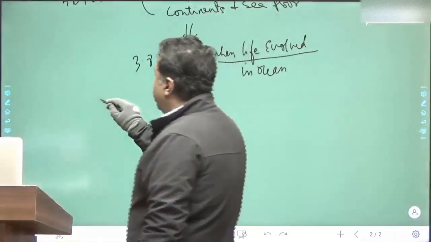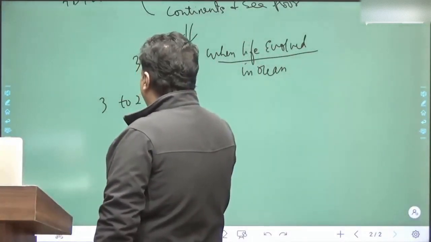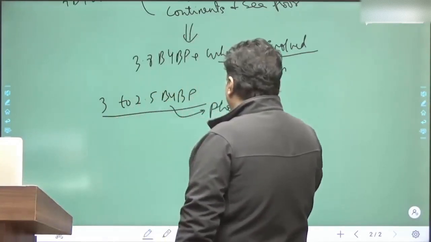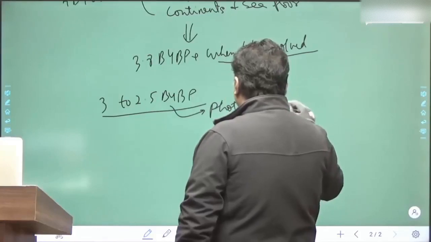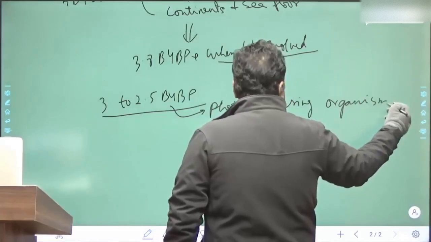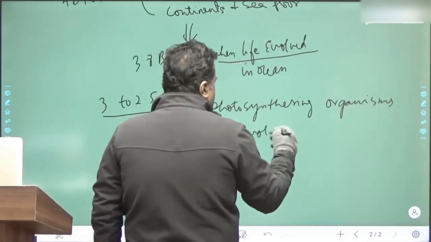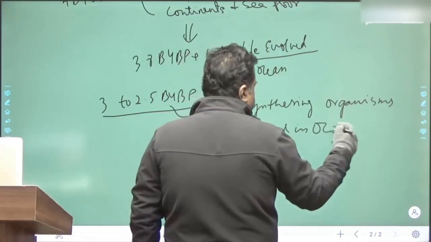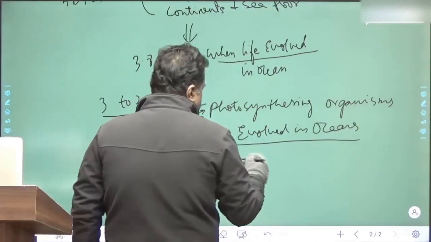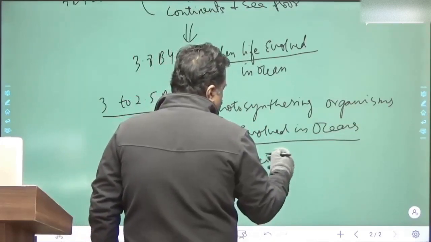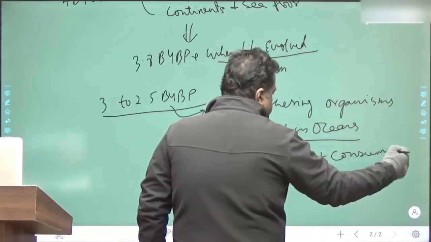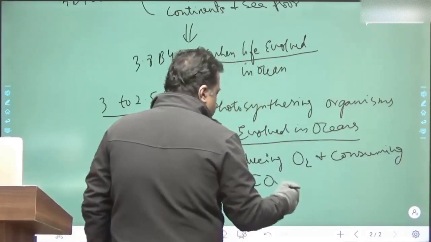And then around 3 to 2.5 billion years before present, photosynthesizing organisms evolved in oceans, producing O2 and consuming CO2.